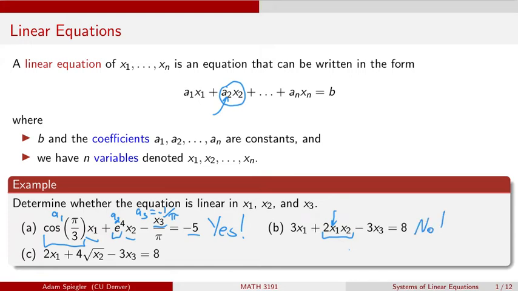So though the numbers are nicer in this equation, that is not a linear equation because we have x1 being multiplied by x2. And in part C, this is not a linear equation, and that is because of this term right here. Each of the variables, x1 up to xn, they should only appear to the power of 1. And so in this case, the square root of x2, that is not linear in x2.